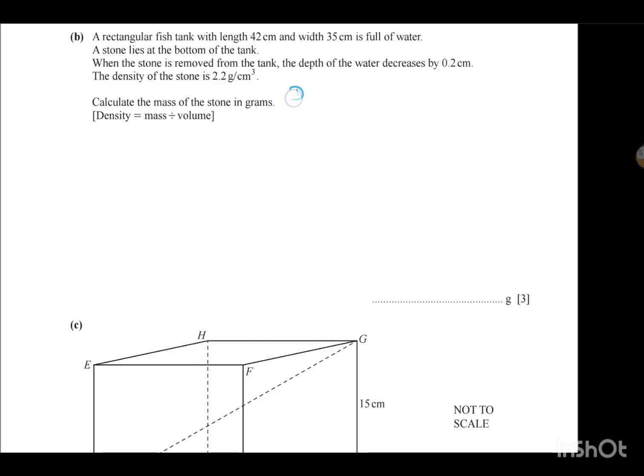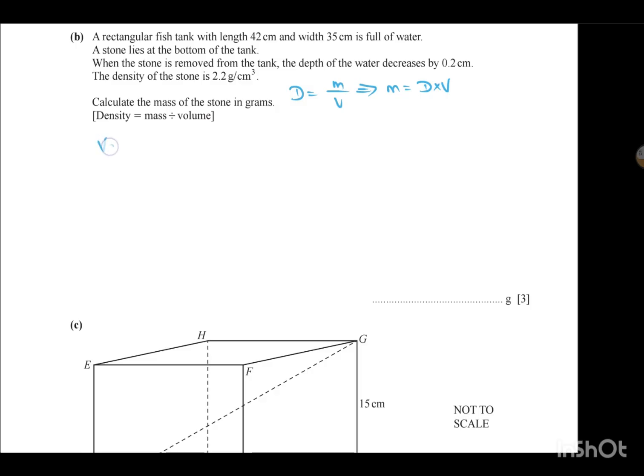So here density is given as mass by volume. So mass will be density multiplied by volume. Here we know the density, we don't know the volume, so we'll find out the volume of the stone.